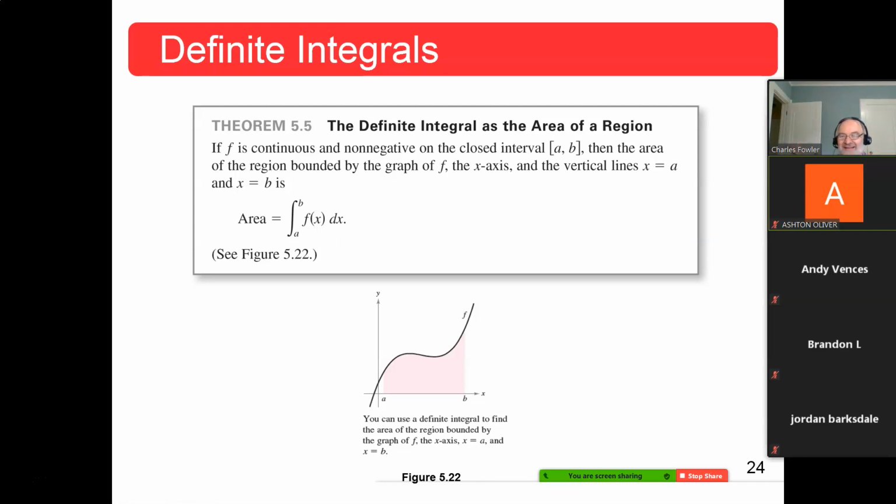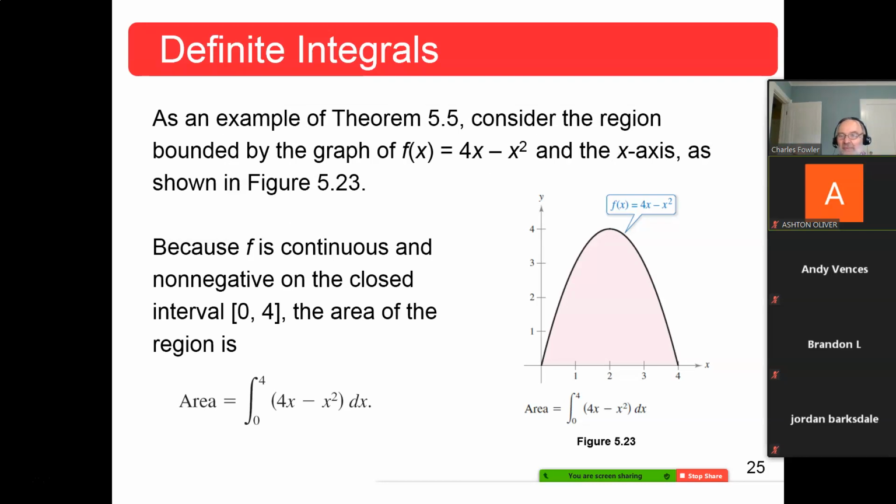Okay, now as an example of theorem 5.5, consider the region bounded by f of x equal 4x minus x squared, the x-axis, and that's it. That's all they tell us.